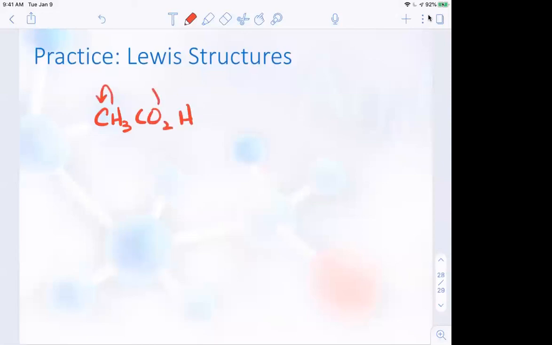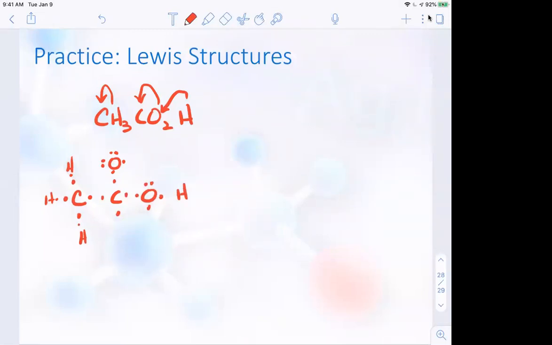Again, I'm going to read left to right. I have carbon with 4 dots and 3 hydrogens surrounding it. I have a carbon with 4 dots. I have an oxygen. I have another oxygen. And I have a hydrogen on the end.